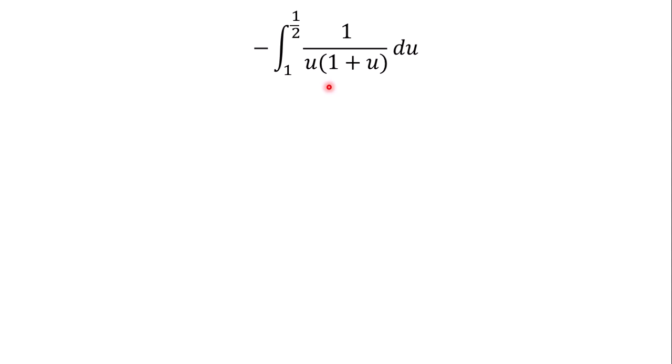That is why I didn't bother opening the bracket, because if I open the bracket and I want to use the partial fraction, I have to factorize again before applying the partial fractions. That is why I didn't bother opening the bracket. Okay, so here we are going to use the partial fraction approach to solve.